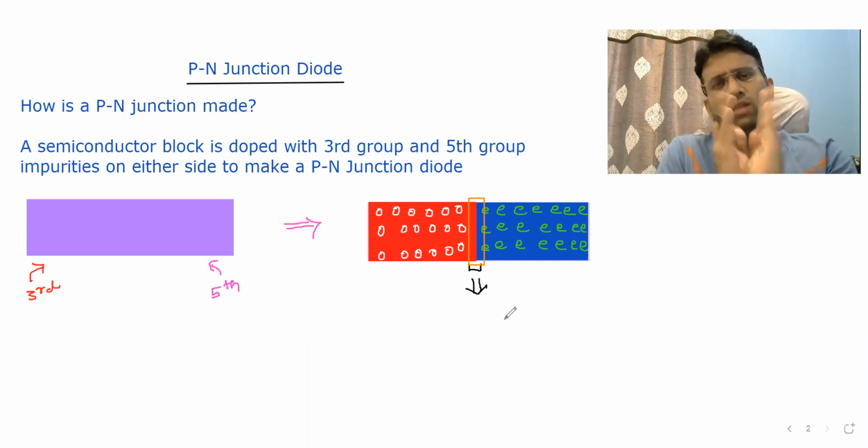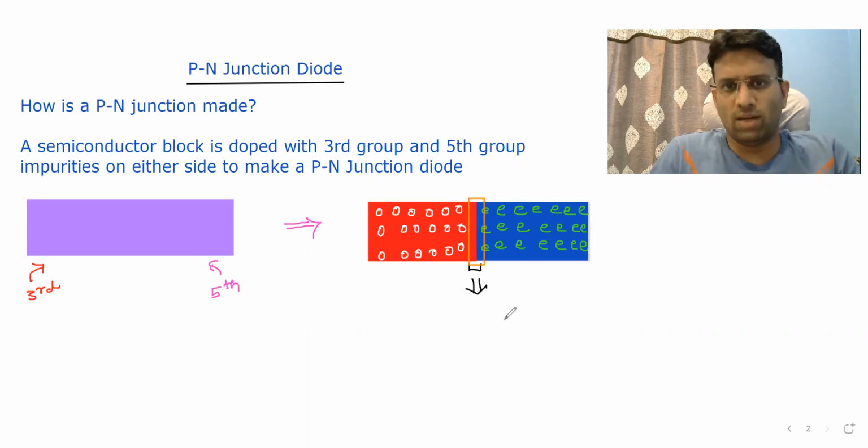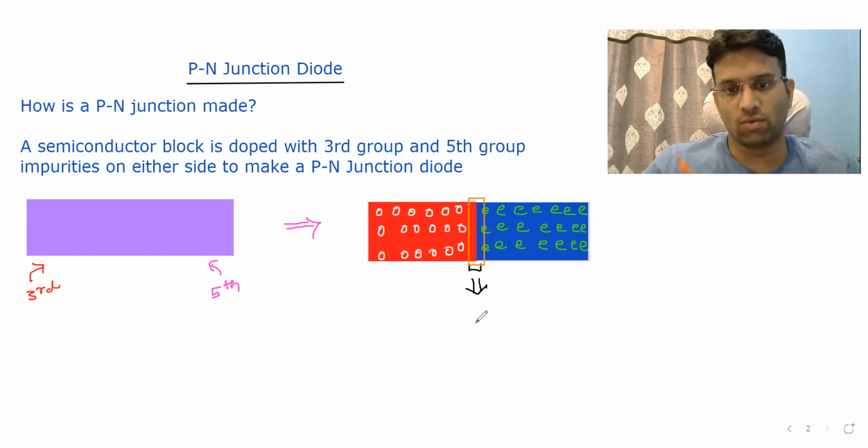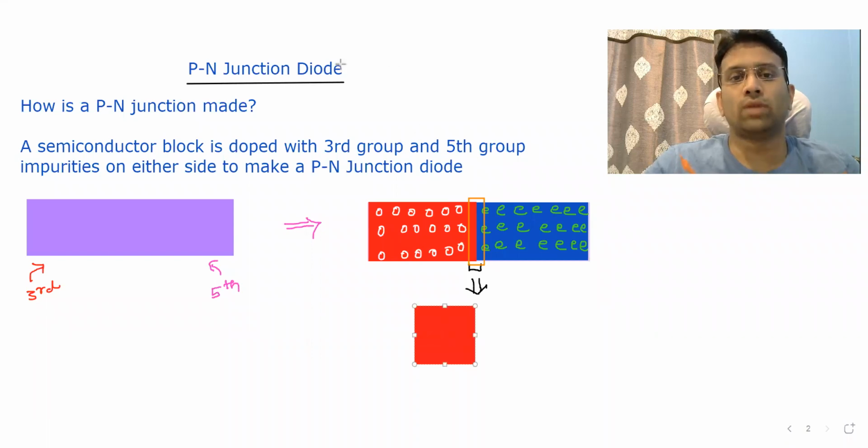That itself is within a few micrometers or millimeters, not more than that. So within that very narrow region, what is happening is what we are trying to discuss. So if I magnify and see it, I'm drawing them big because I have to explain some of the things to you. That's why.